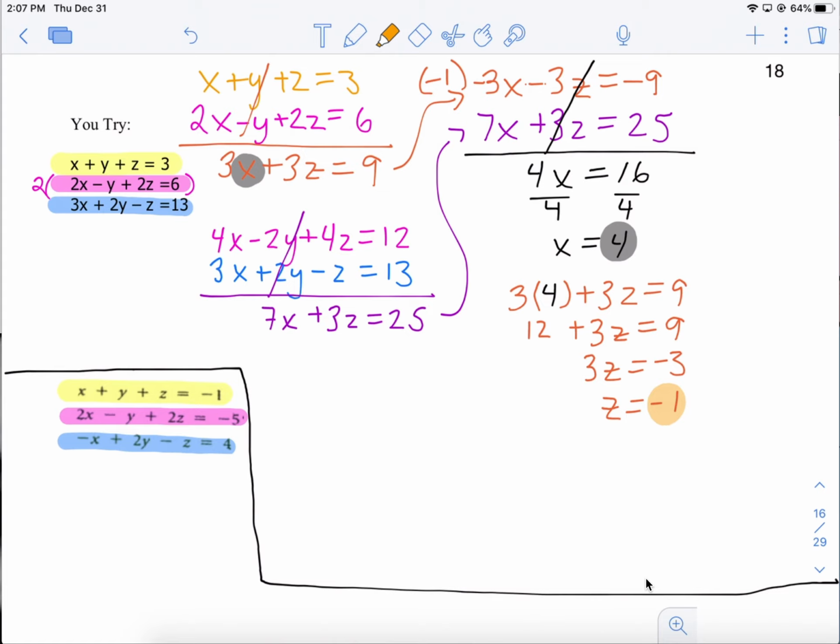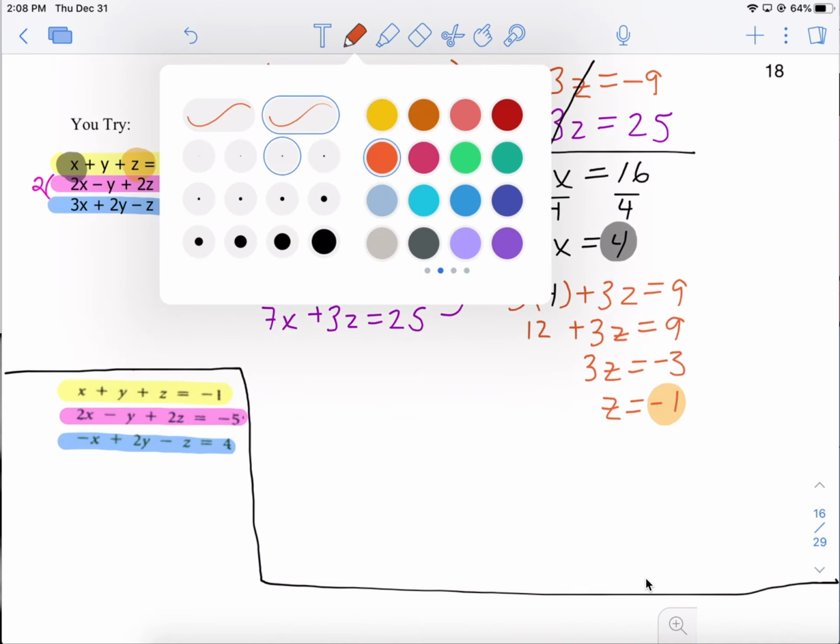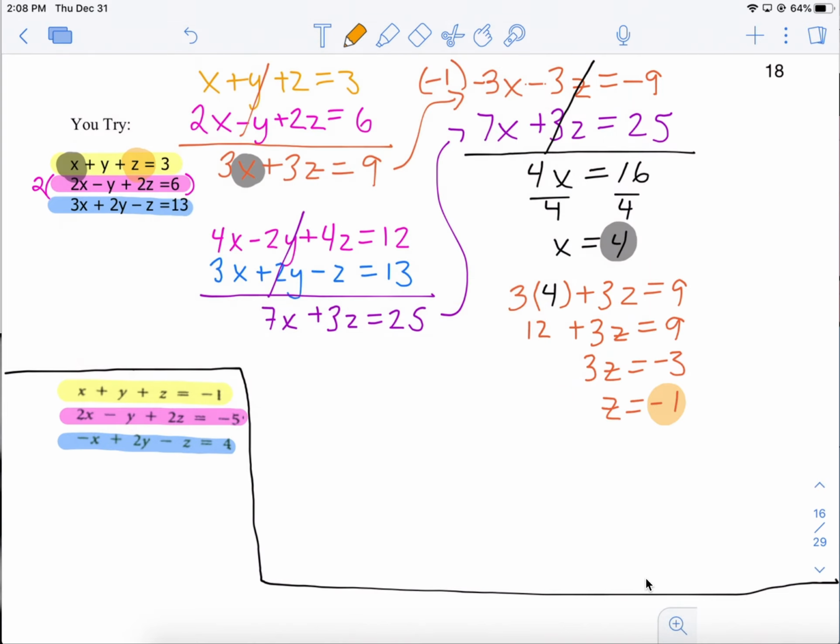I think the definitely easiest equation is that yellow one up at the top. So I'm going to put in my z, and I'm going to put in my x so that we can solve that out. Okay? All right, so writing out with my first equation, my x was a 4.